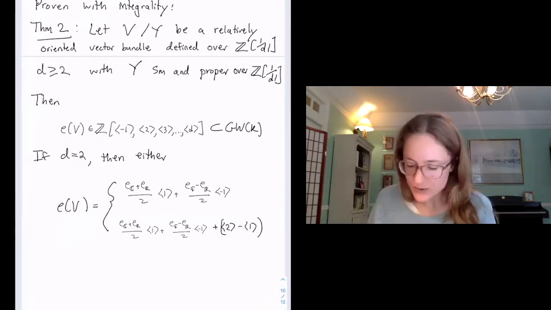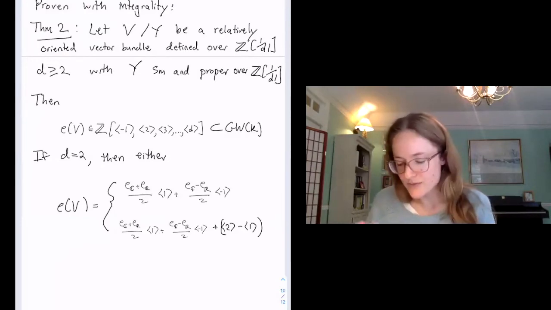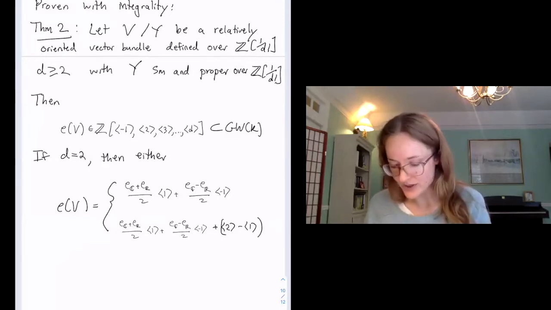We can distinguish between these possibilities by taking an Euler number over some single prime where 2 is not a square.